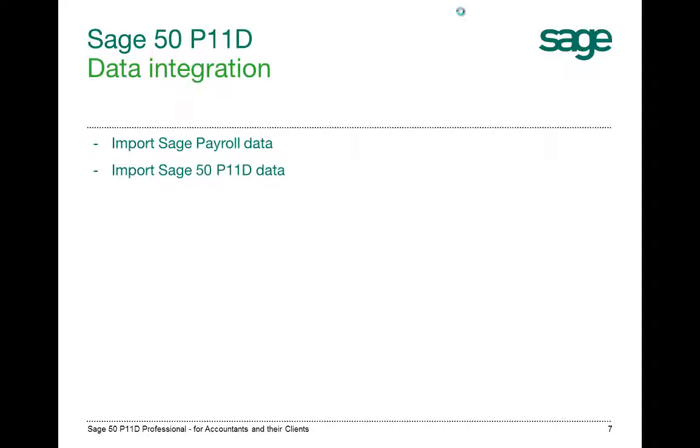You can also import information if you have it in an Excel format. So we provide some templates on the installation CD when you receive it, and that allows you to import in employer, employee and P11D benefit information.